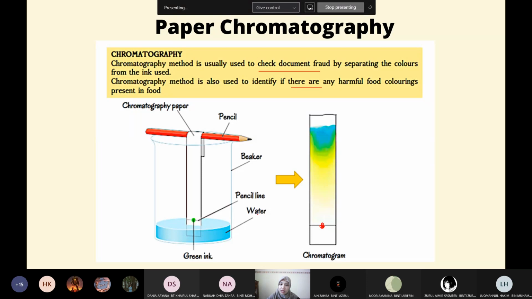Usually we use water and it will move up. It will move up and it can separate into several substances. So this is the chromatography method. Alright, so it is used to separate dyes in food coloring.